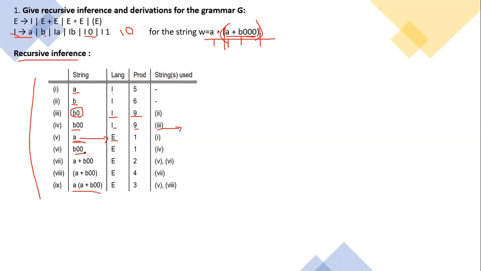So here B00, again another 0 is also needed, missed that one. A plus B00 means again we combine with the production E plus E. Just combine this one.